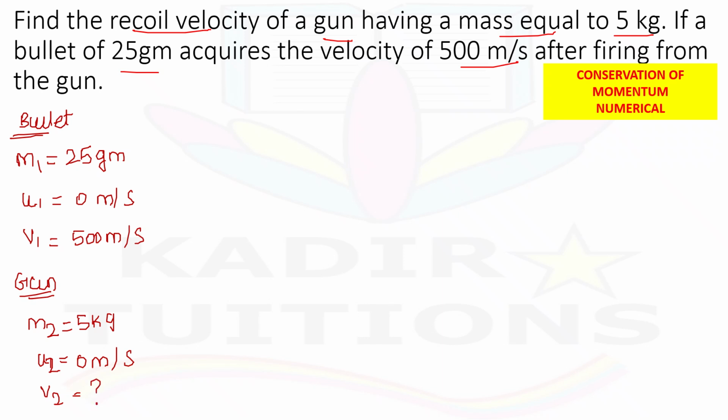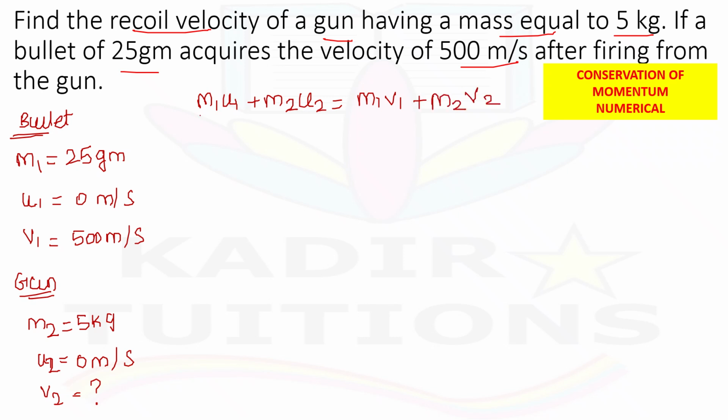So what concept can we implement over here? We can implement the conservation of momentum. Before firing and after firing, whatever the momentum, they are going to be equal. Here we are going to match both the bullet and gun momentum. So the conservation of momentum is m1 u1 plus m2 u2 equal to m1 v1 plus m2 v2.